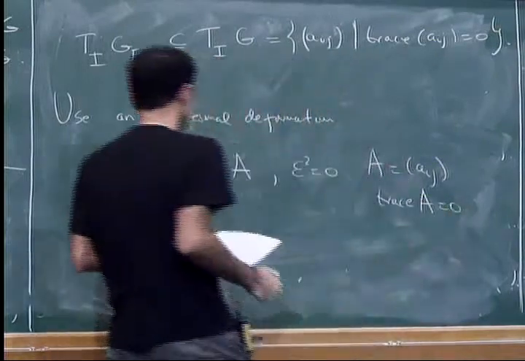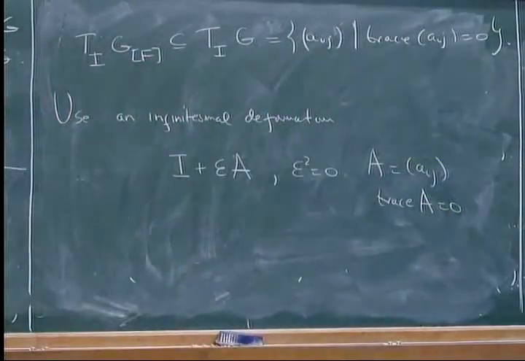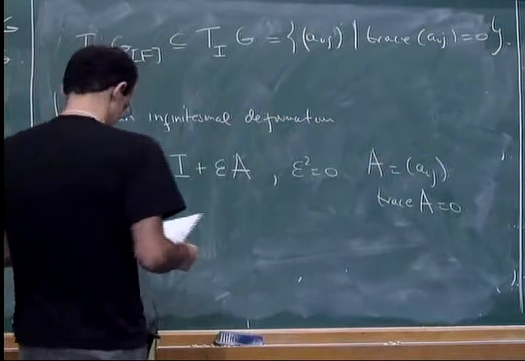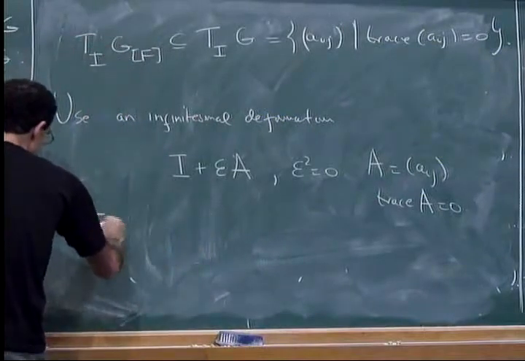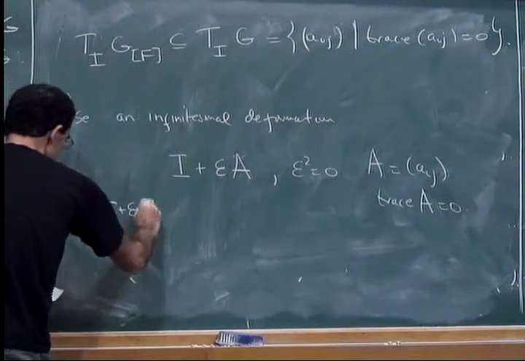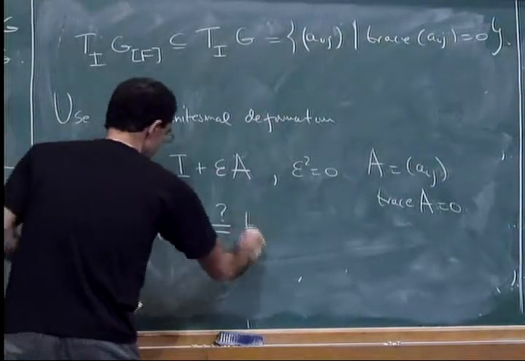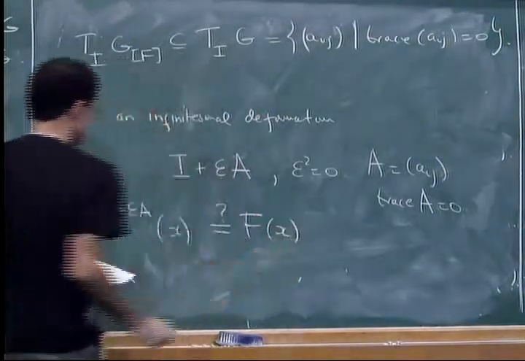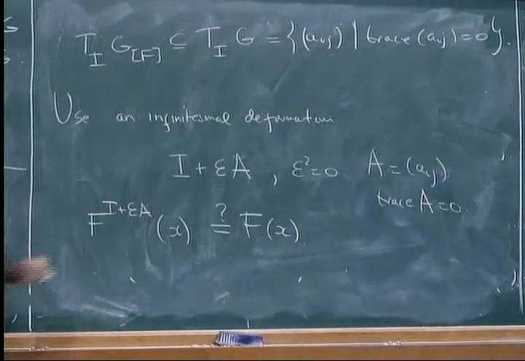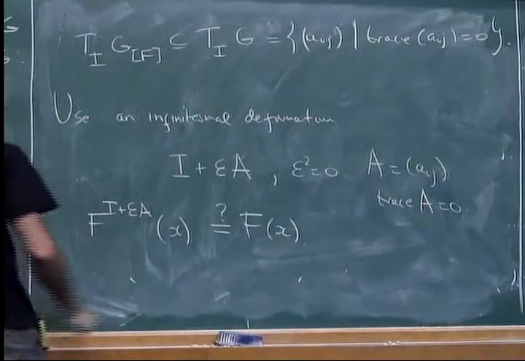That's what Bertrand showed. Right? But what does it mean to be in here? It means that when I modify it, I should get the same F again.